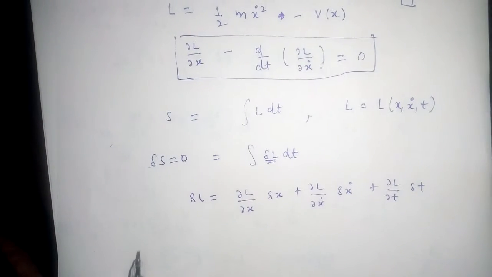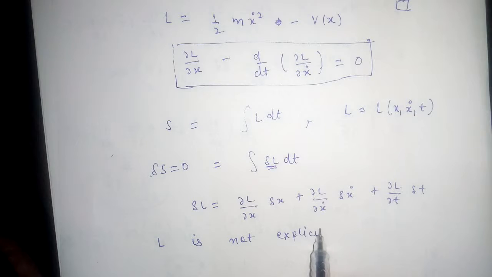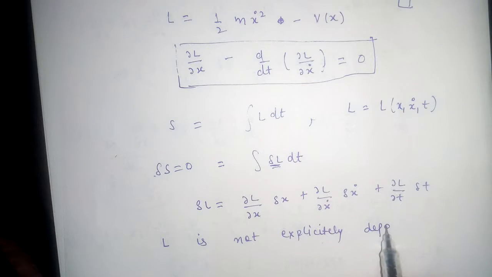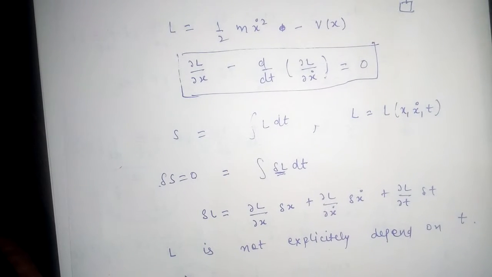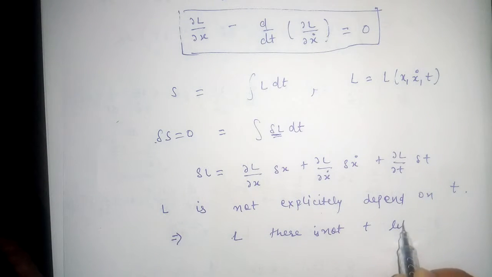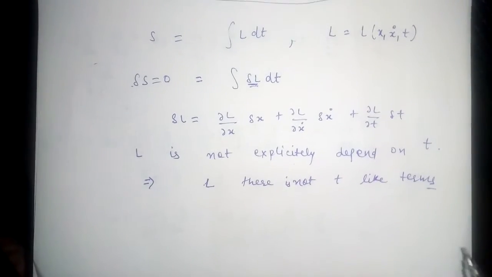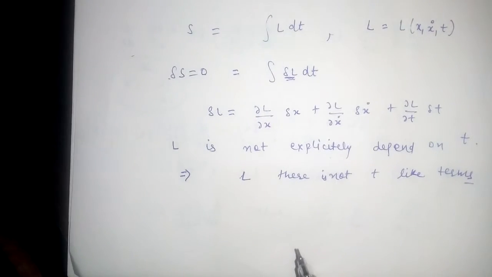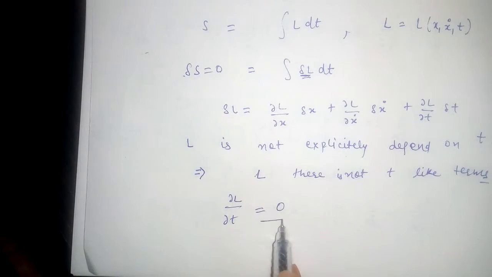If I consider that L does not explicitly depend on t, that is, in the expression of L there is no t term, no t square, cos t or any function of t present, then delta L upon delta t will be 0.